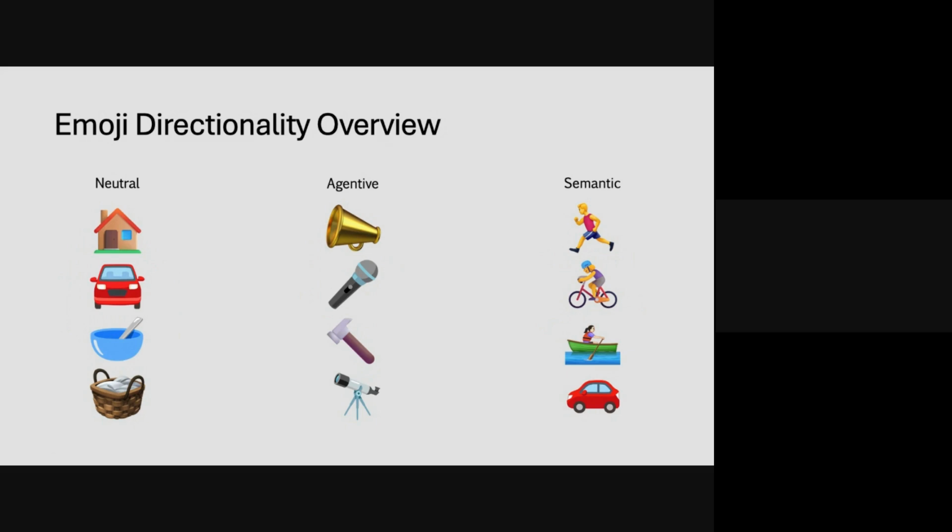Semantic, however, is the strongest form of directionality that the ESR identified. Running, biking, rowing, driving, these are all emoji that express motion within themselves. We found that these were the ones with the strongest meaning of direction when put into a sequence: which way you're running, which way you're biking, and so on.